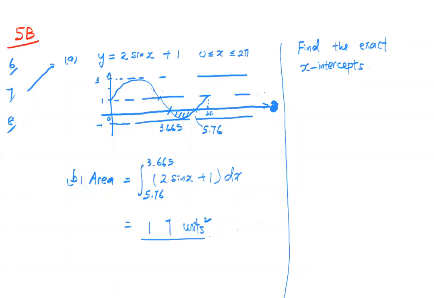That means when you key in is 2 sin x, then plus 1. Okay? So 1.37. Okay, can you find the exact x-intercept?